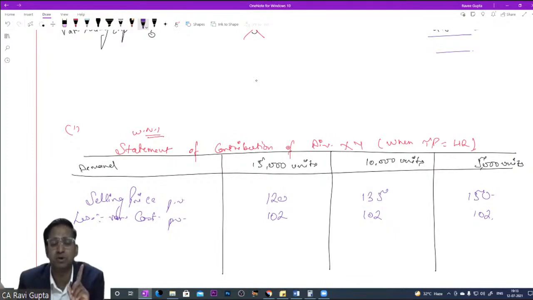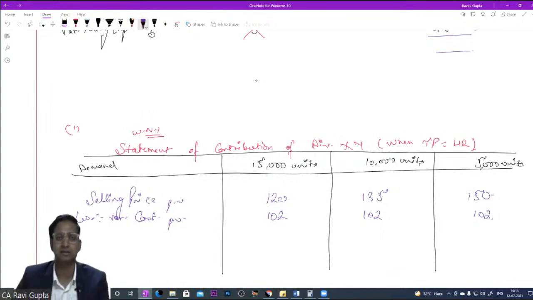If the selling price had been the same, we need not prepare this statement. The selling price is different, which is why we are preparing it. The contribution per unit will be different, and when we multiply it with the number of units, the total contribution will also be different for all three levels. It is not that the number of units alone will determine the higher level of contribution.